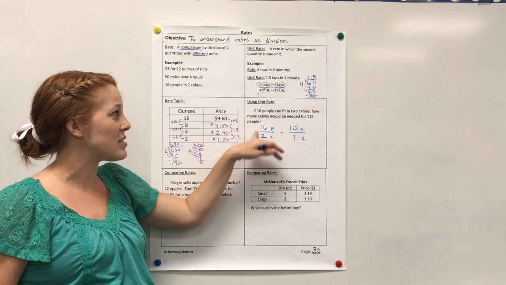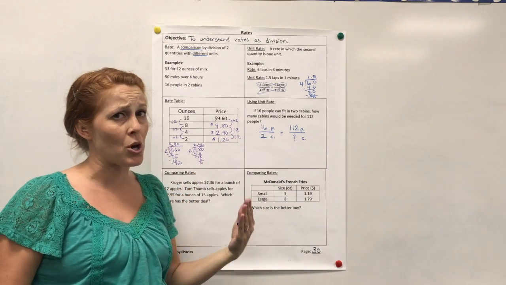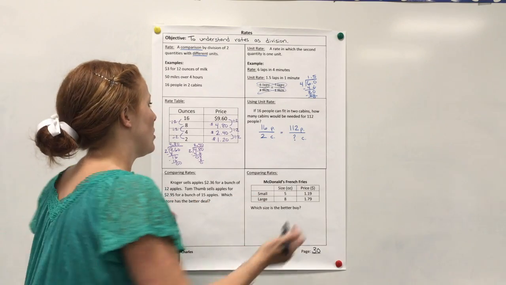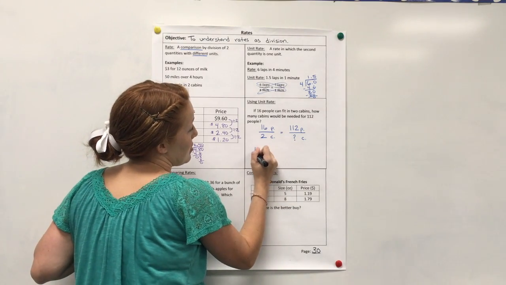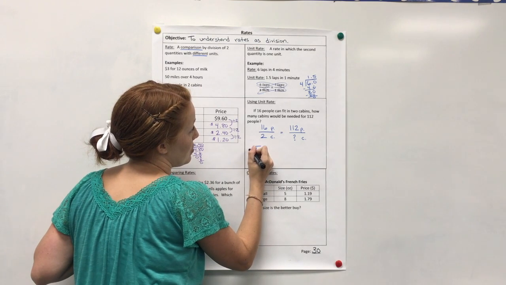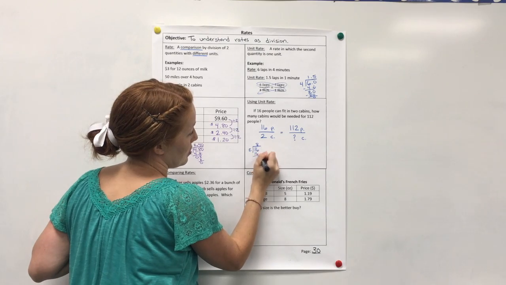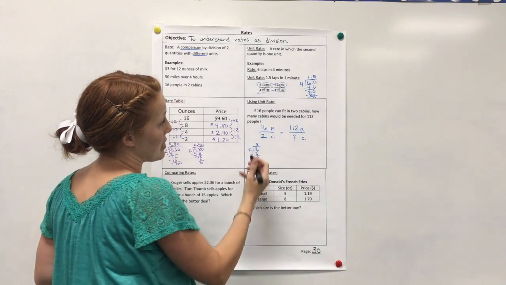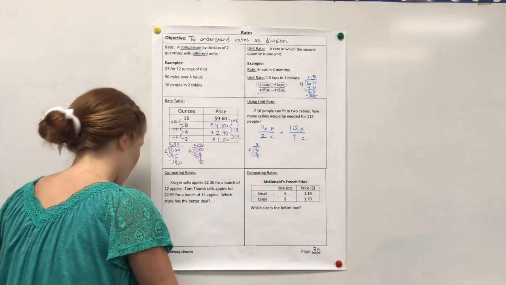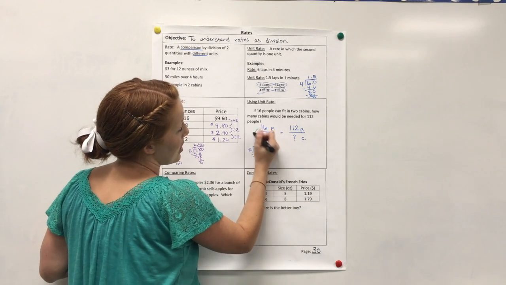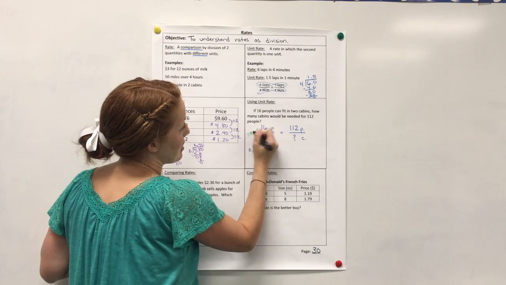I can divide these and see, well, if 16 people go into 2 cabins, how many go into just 1 cabin? So 16 divided by 2 is 8. So that means, let me use another color, to get from here to there, I divided by 8.